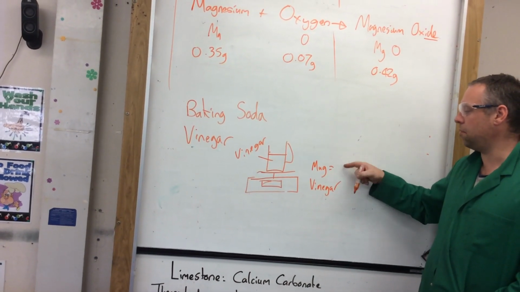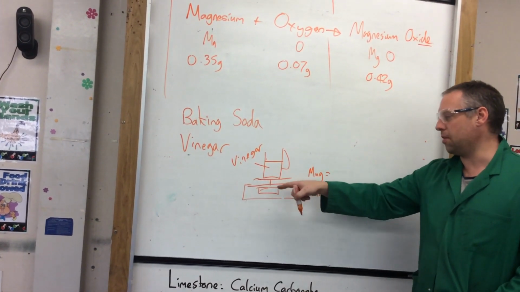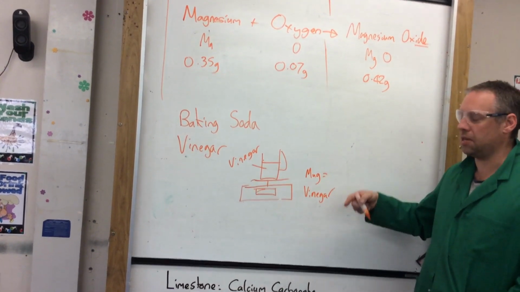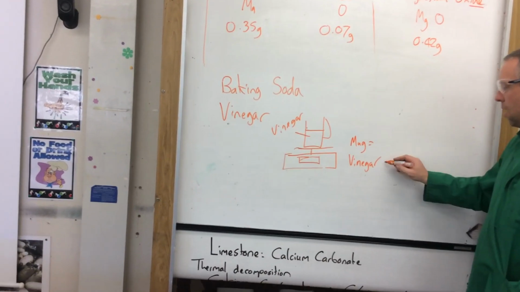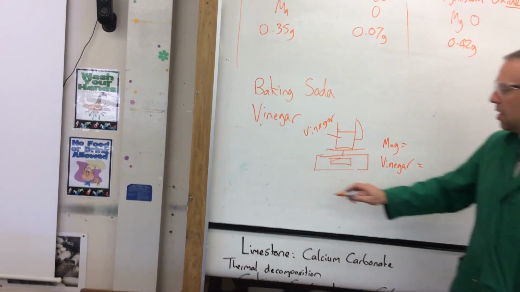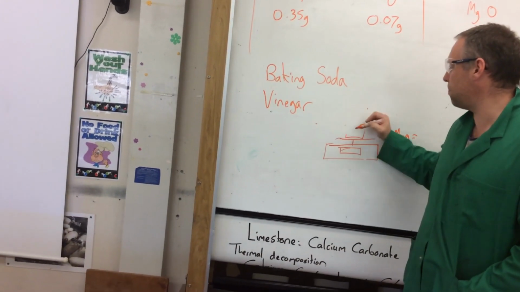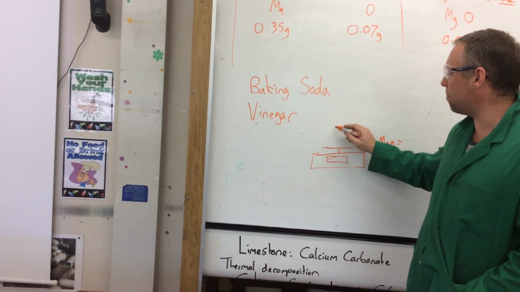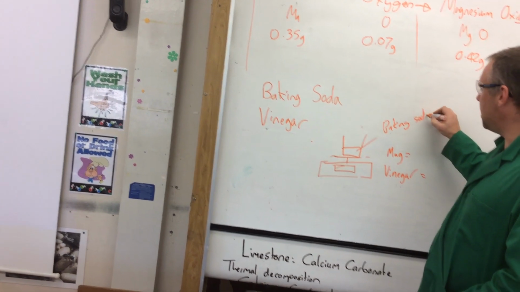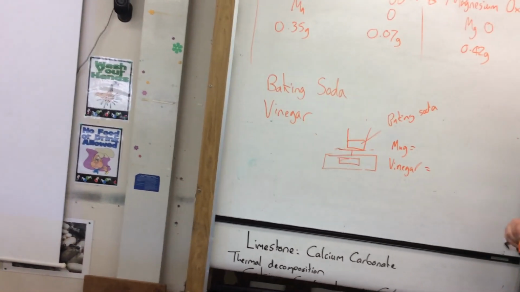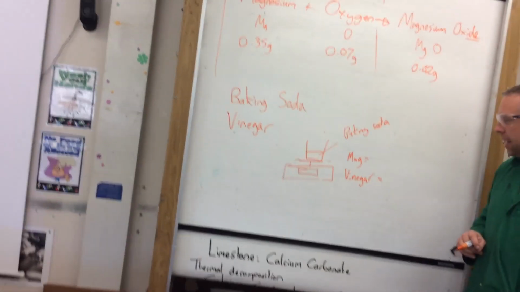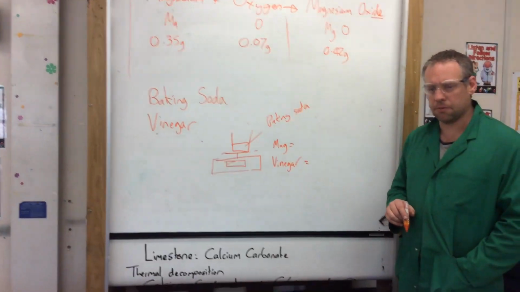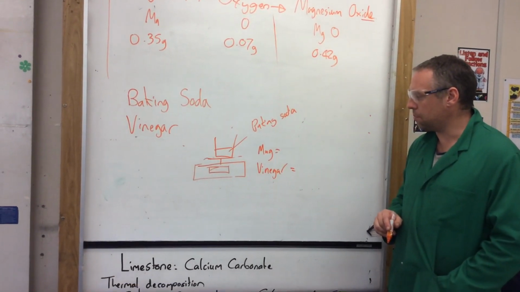So let's say the mug is 50 grams, and you put the vinegar in, it says 52 grams, and the vinegar would weigh 2 grams, for example. You're going to take that off and put it to the side, and I want you to weigh an amount of baking soda. I would suggest probably 4 good teaspoons. See how much that weighs.